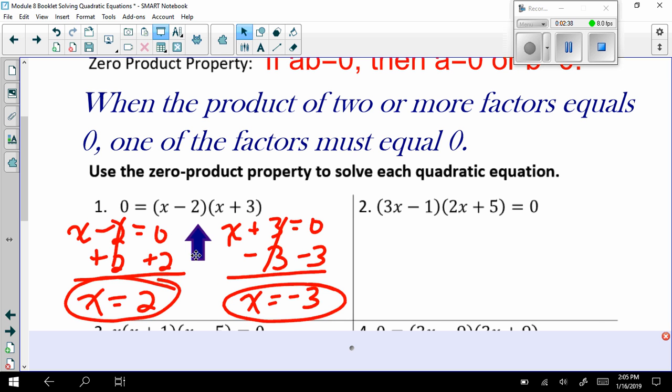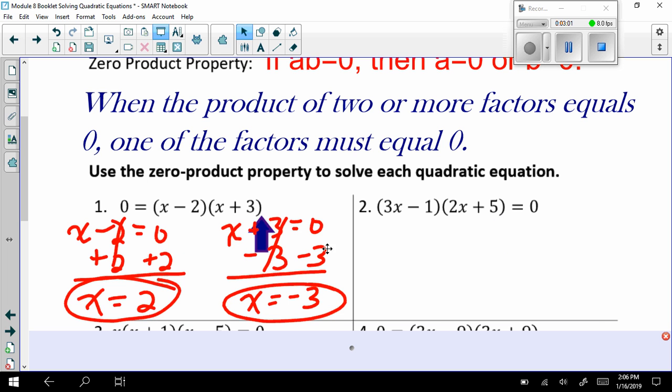Now we had gotten in the habit of saying, I'm just going to take the opposite. So if it's x minus 2, it's 2. And if it's x plus 3, it's negative 3. But I need to be careful about that. Look at example 2. Notice this time I don't just have x minus 1, I've got 3x minus 1. And I don't have x plus 5, I have 2x plus 5.